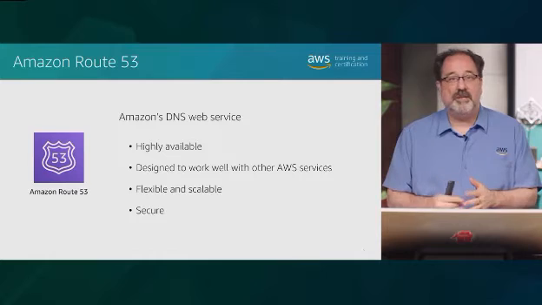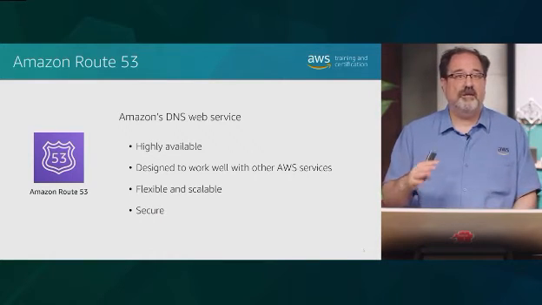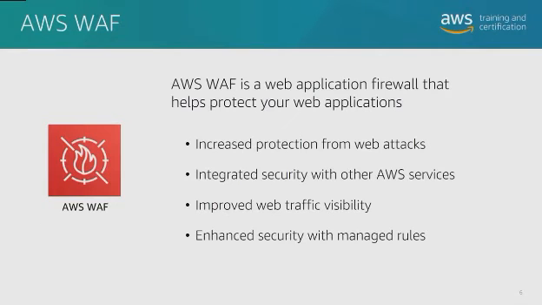Make sure you understand how it works with other AWS services, especially how it takes care of being flexible and secure in your application. Know how to use AWS WAF, how it's going to actually provide you protection from external web attacks, from DDoS attacks, SQL injection attacks, how to actually manage security through AWS WAF with all the various services that can integrate with it.